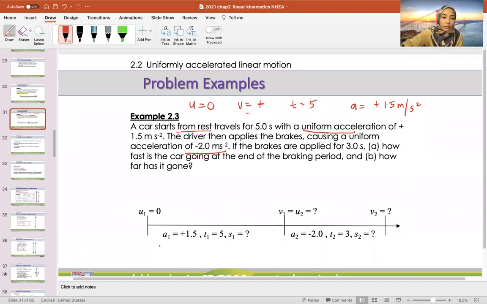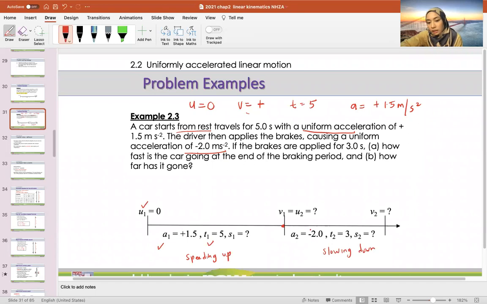We don't know. What we know is the acceleration, the time and the initial velocity. And then at some point here, the driver applies the brakes, and presses the brake for 3 seconds. Because the brake is pressed, it means the speed decreases. So the car is slowing down, right? This part, it is speeding up.